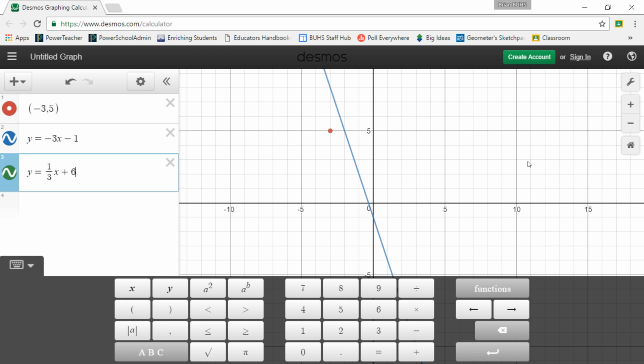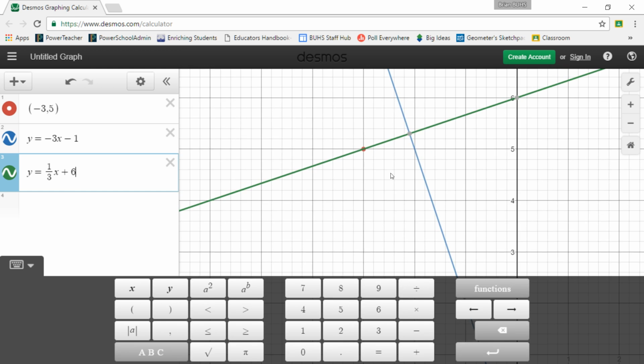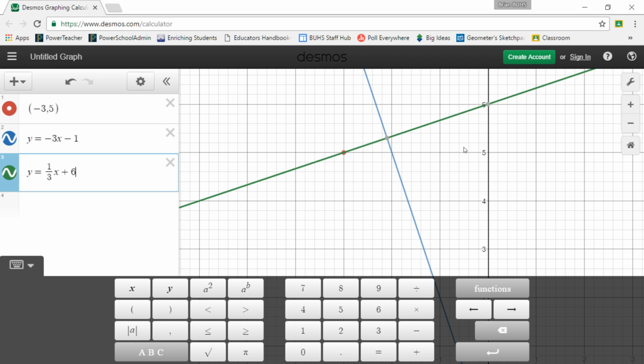If I hit the plus 6, bam! Did you see that? Nothing but net. That was amazing. Of the infinitely many lines on the coordinate plane, I found the only one that fulfilled both of those requirements. It's just amazing.